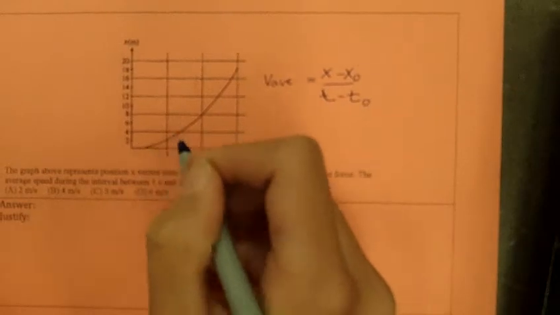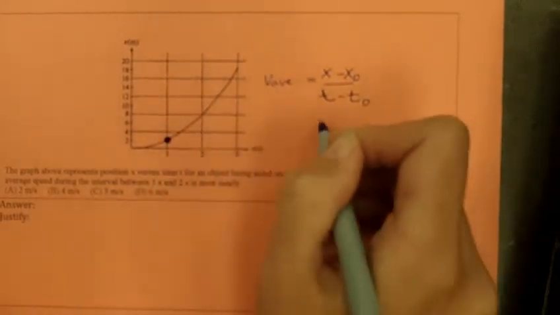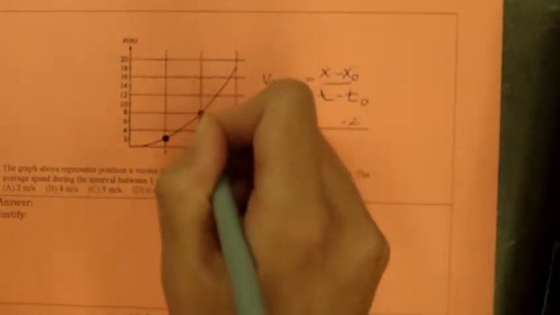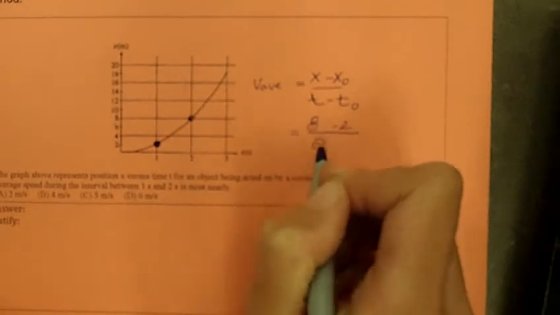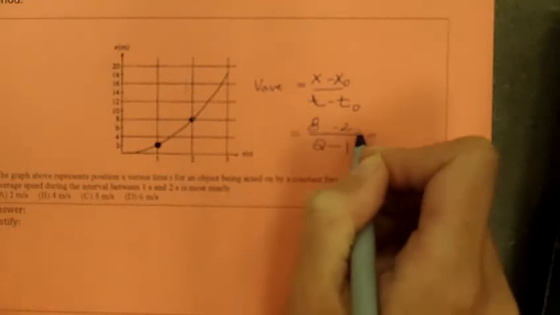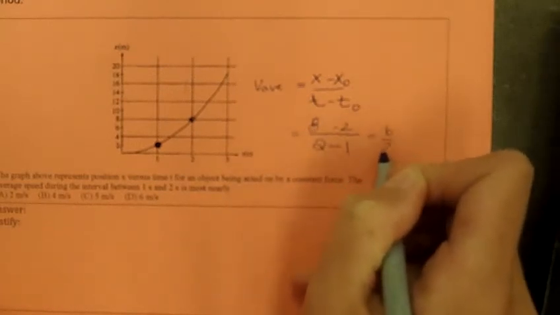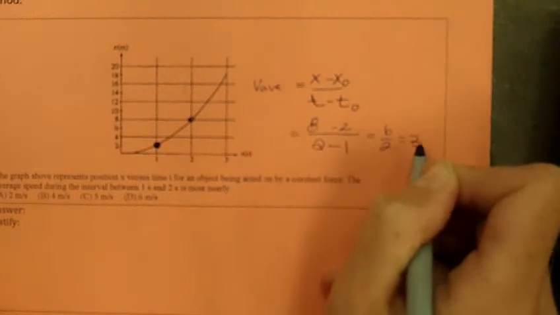Between 1 and 2 seconds, at 1 second, that's our x naught, it looks like our position is 2. At 2 seconds, it looks like our position is 8. So x minus x naught, remember the naught means initial, and we have 8 minus 2. And then in terms of time, 2 seconds minus 1 second, and we have 6 divided by 2, which is equal to 3 meters per second.